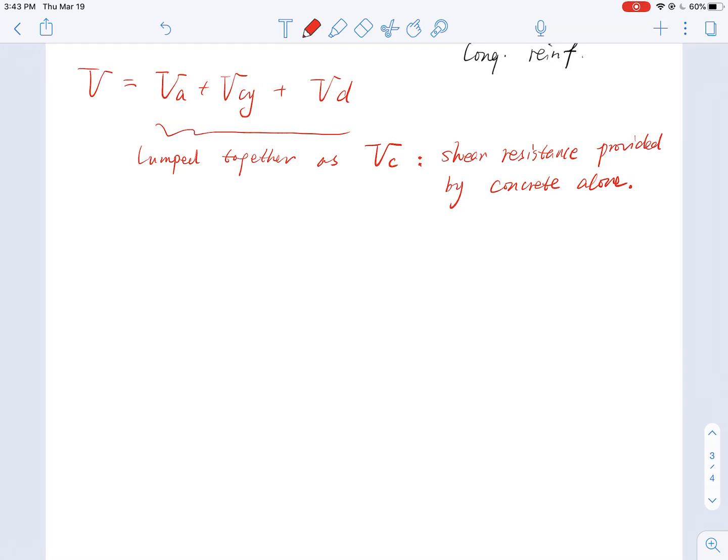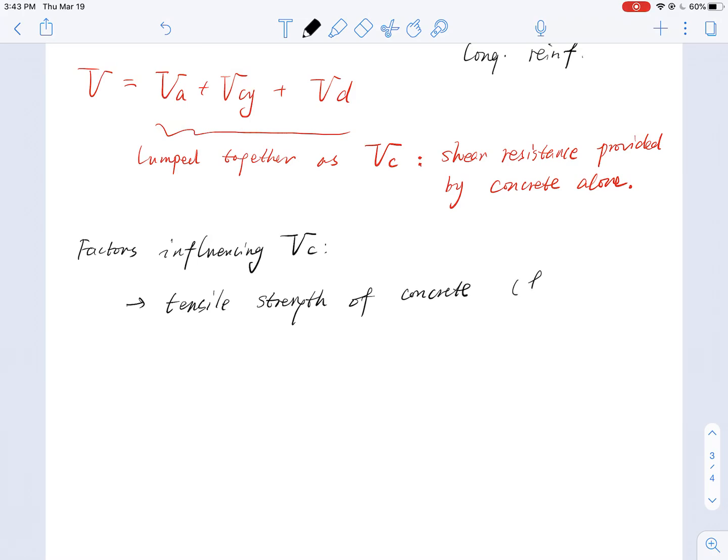Okay, now there are several factors influencing VC. What are those? So first of all, of course, the tensile strength of concrete will contribute to the shear resistance of concrete.